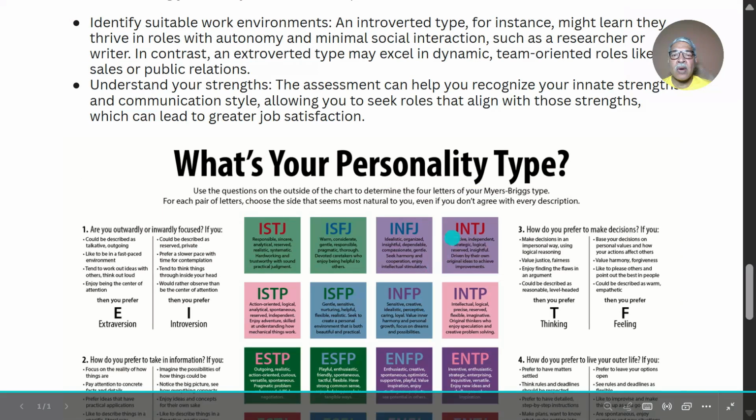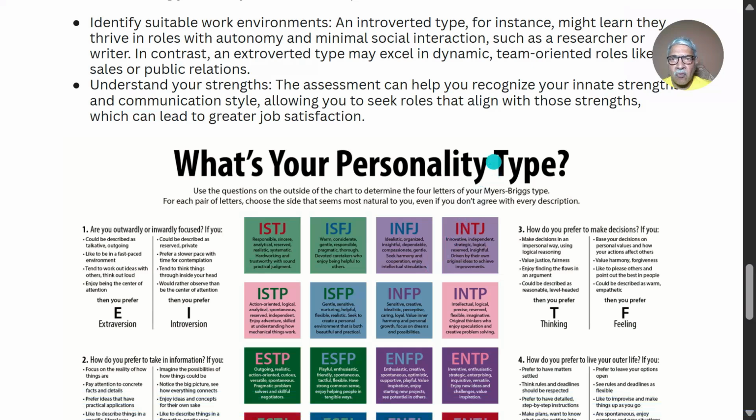So basically, this type of assessment helps you to recognize your strengths, your communication style, so that you will be able to seek roles that are similar to your strengths. Thus, it can lead to greater job satisfaction.